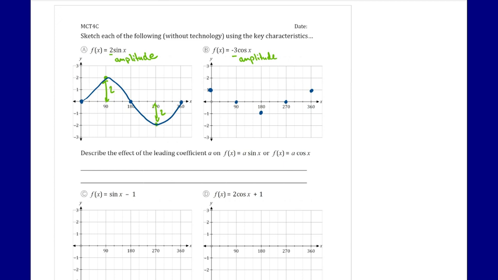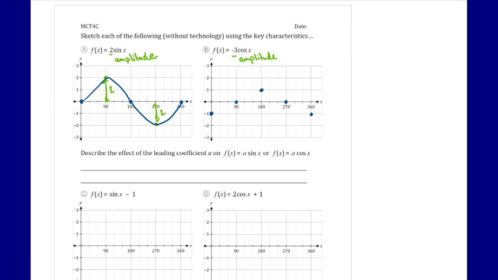So the negative means it's flipped. Instead of it being at 1 and then 0 and then at 180, 0 and -1, it's going to flip. So essentially, it's going to look like this. Now we're going down and coming up instead of going up and coming down. So that's the negative taken into account.